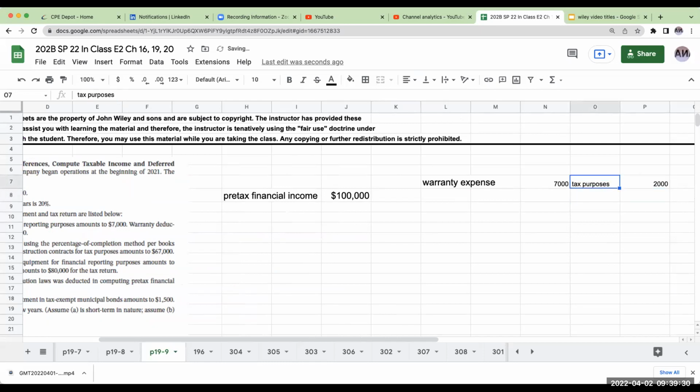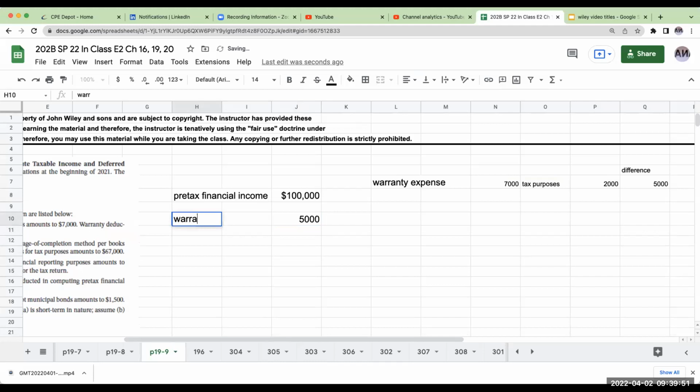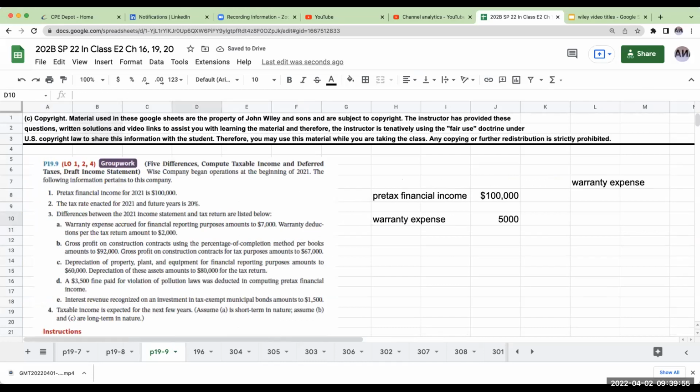Over here, we're taking a deduction for warranty expense to get to this $100,000. But for tax, we're only allowed $2,000. So this is going to be a $5,000 difference, and this is essentially an add back. This warranty expense is in the current year.